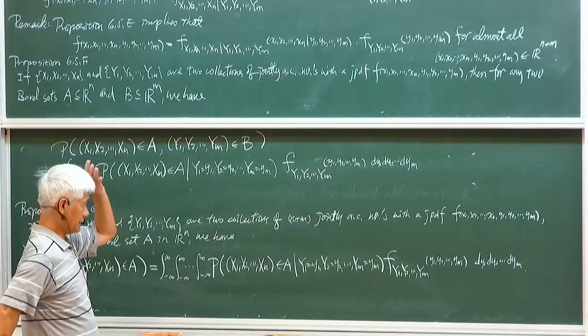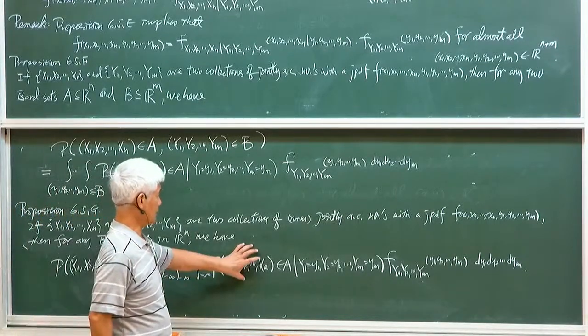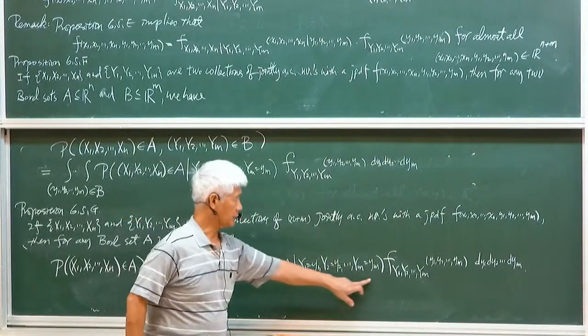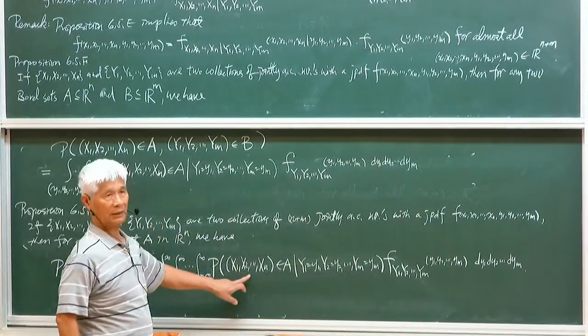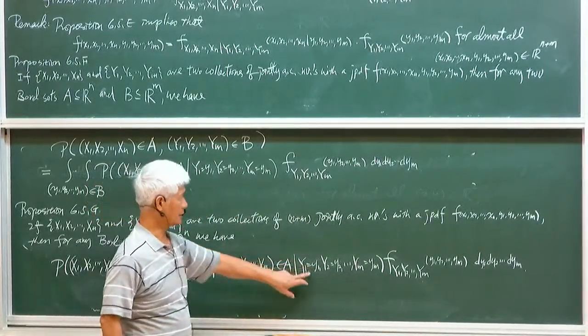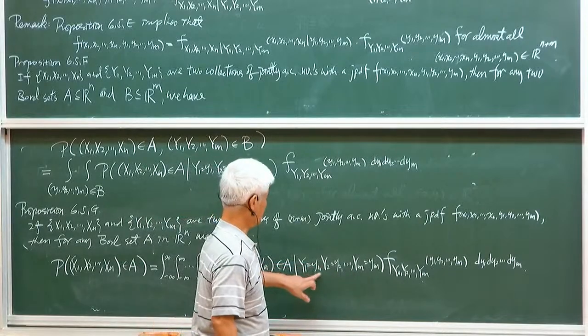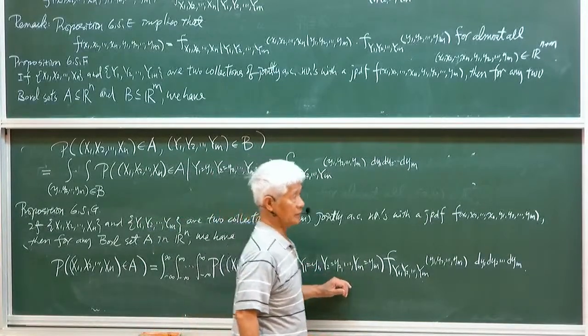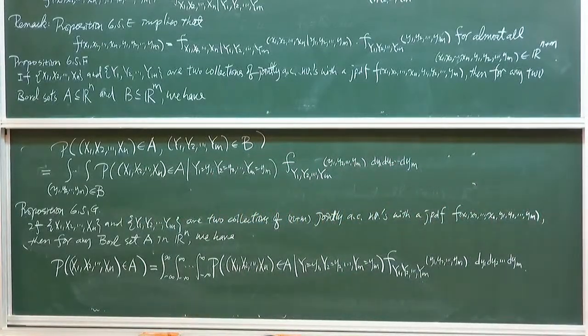And the reason is, in many situations, it's quite easy to compute the conditional probability of this event given specific values of the y random variables from the conditional joint PDF of x random variables given the y random variables.